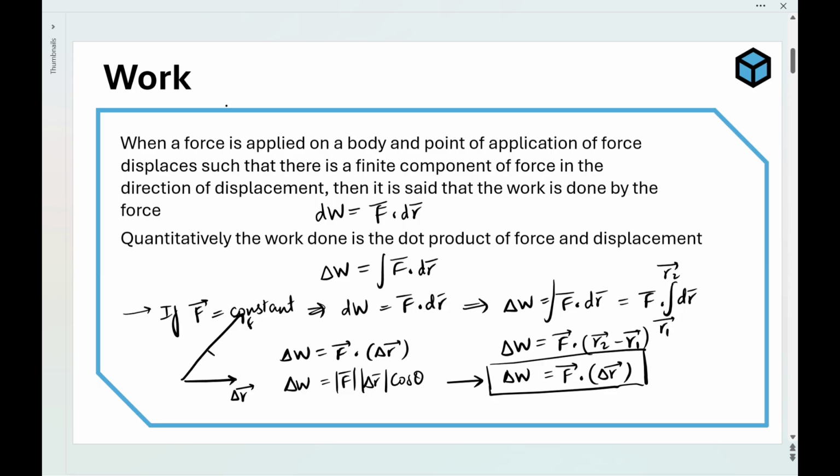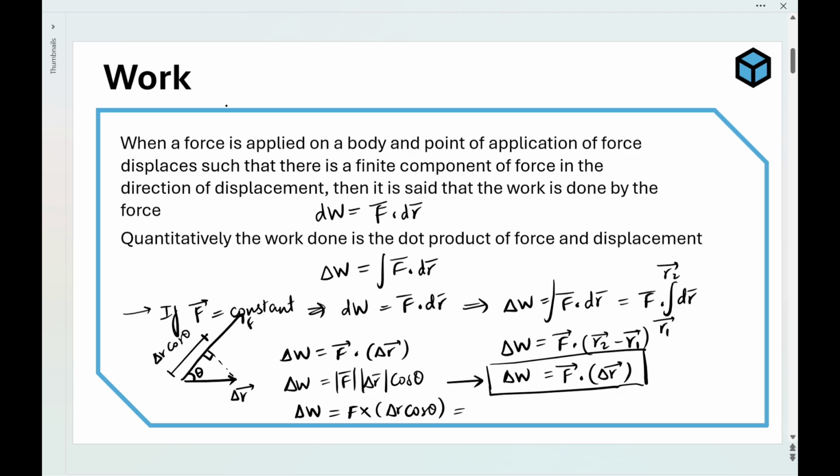Now if you draw a component of delta R bar, let's say the angle between them is theta. The component of delta R bar in the direction of the force vector will be delta R into cos theta. So we can write delta W is equal to F into delta R cos theta.